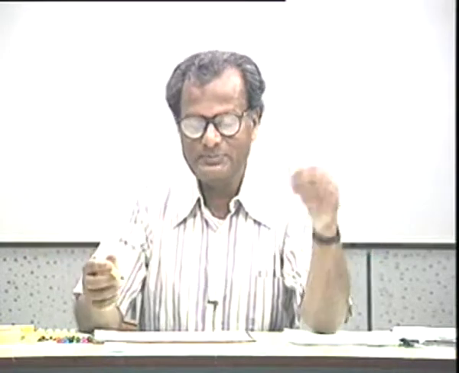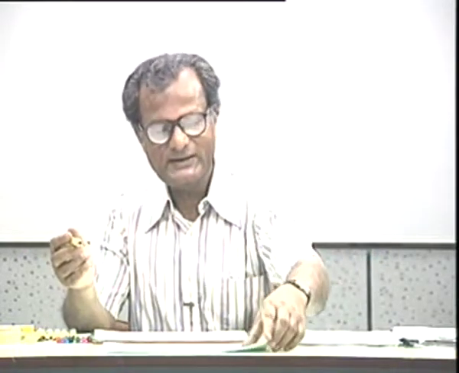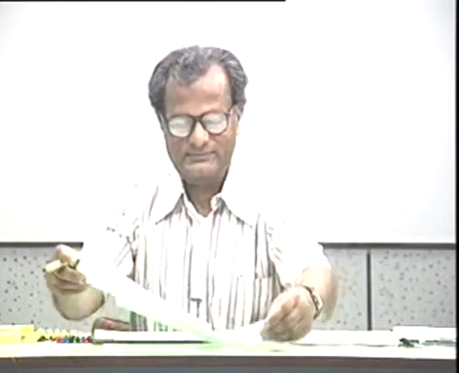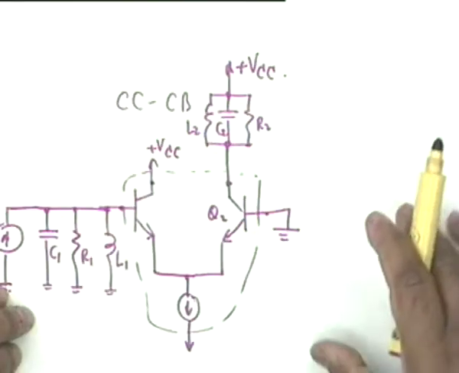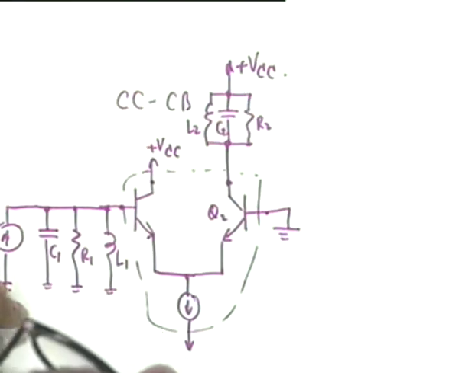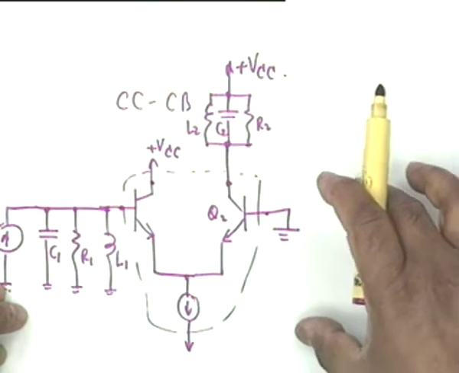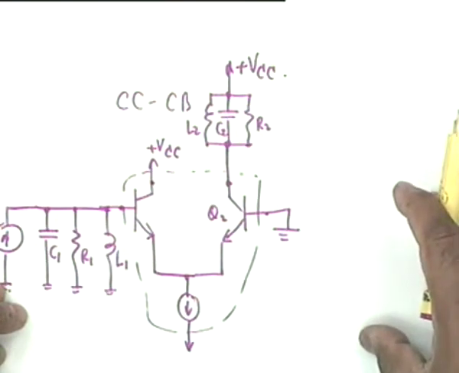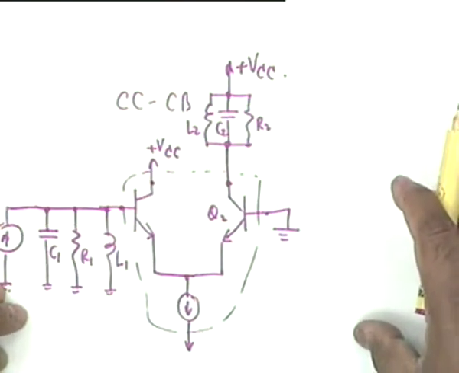Now there is no reason why you cannot cascade more than two. For example, the CC-CB cascade: can you use another CC-CB in cascade? That means, can you use 4 such tuned circuits?